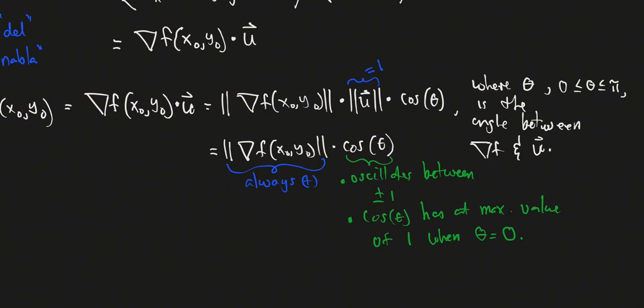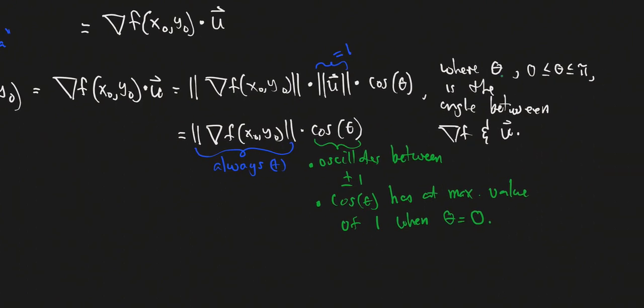But then what does that mean about these two vectors? Because remember, theta is the angle between the gradient vector and the direction vector. But we're now saying that this directional derivative is going to be maximized when the angle between those two vectors is 0. So that means they would have to be pointing in the same direction. So let me write it like this.